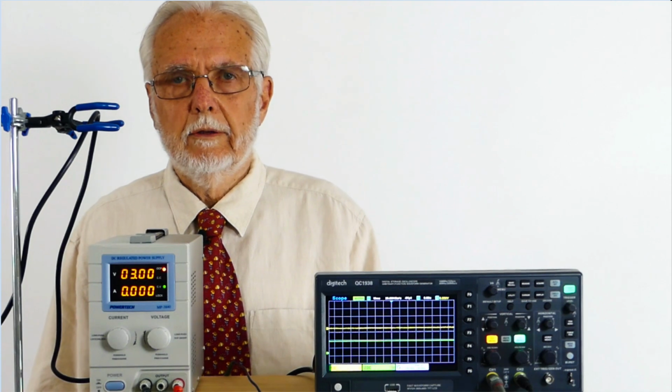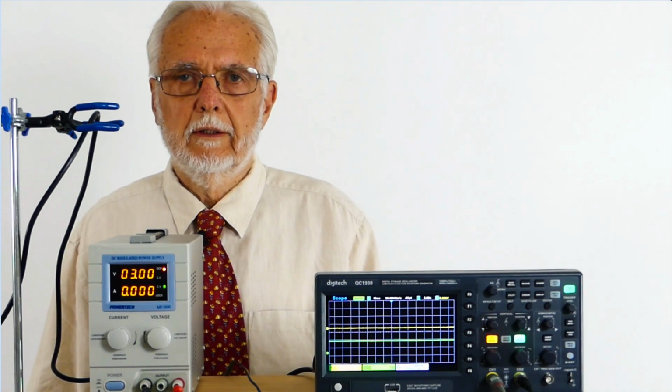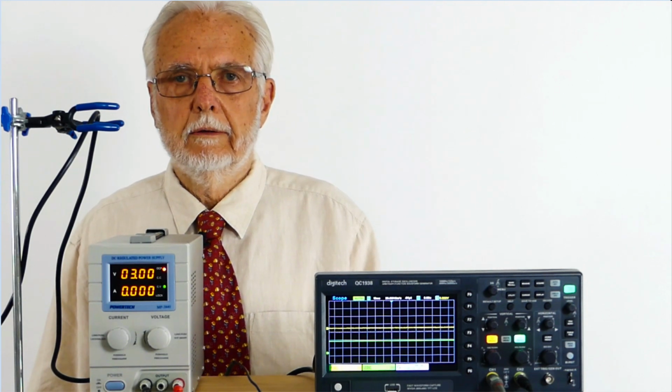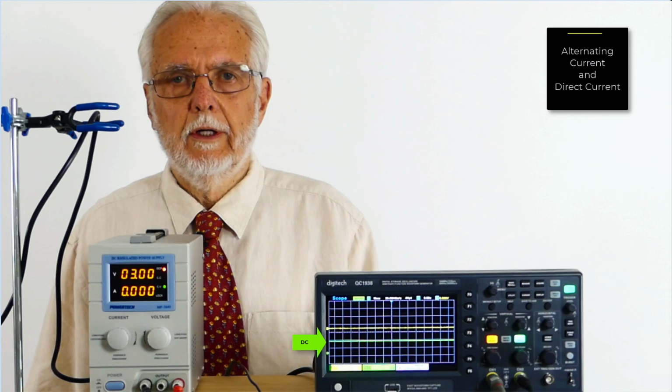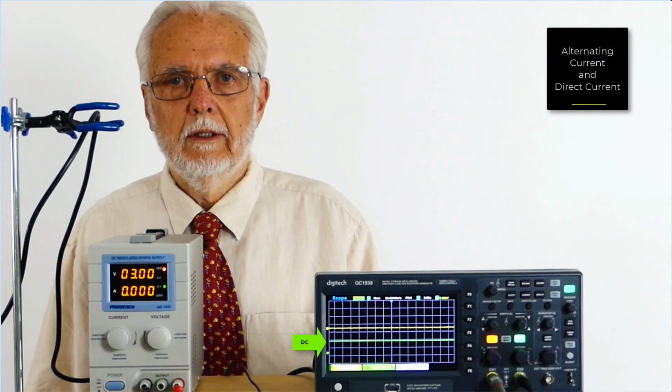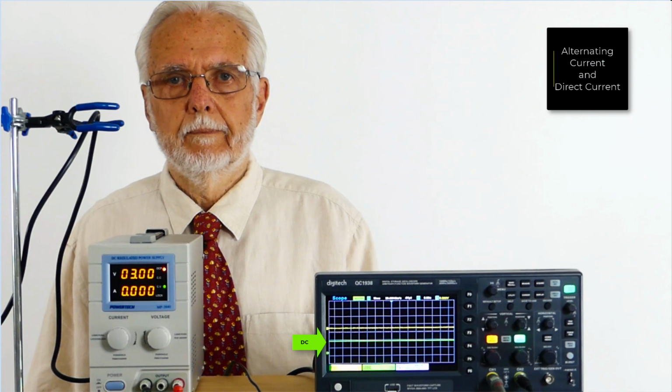To start the discussion of electromagnetism, we first look at the difference between alternating current and direct current. The green line on the screen is 3 volts of unvarying DC from the power supply.